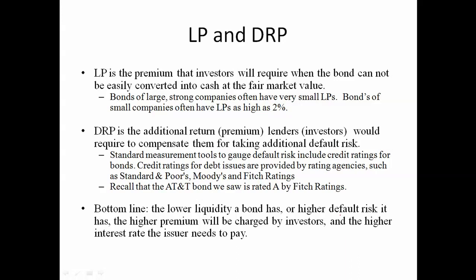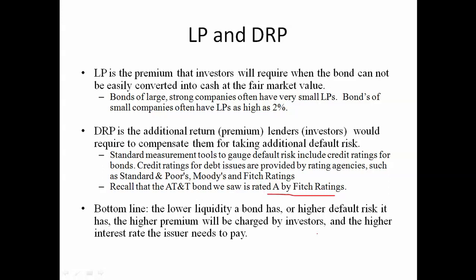Remember, at the beginning of this chapter, we looked at the information for that bond issued by AT&T, and the Fitch rating for that bond is A. So that is the credit rating issued by Fitch Ratings that tells you the AT&T bond is fairly safe.